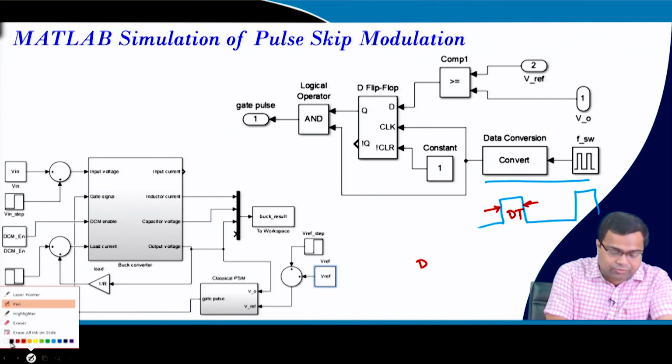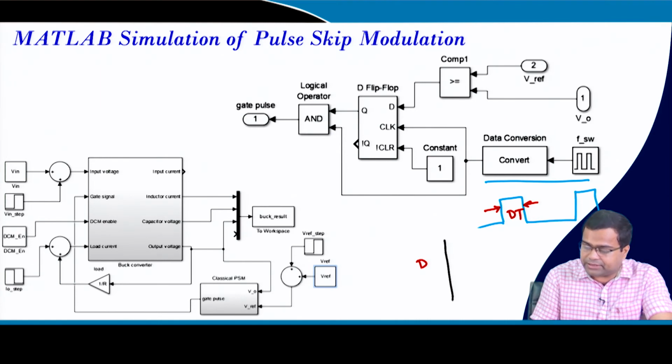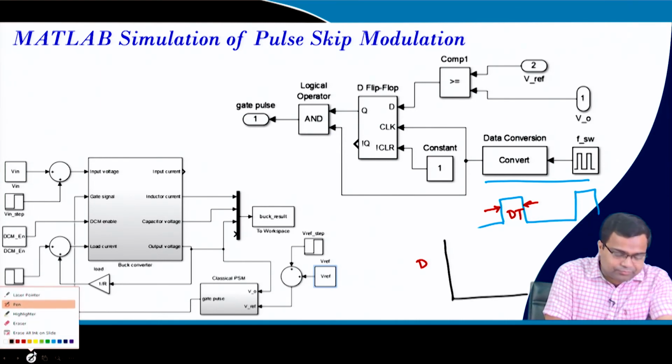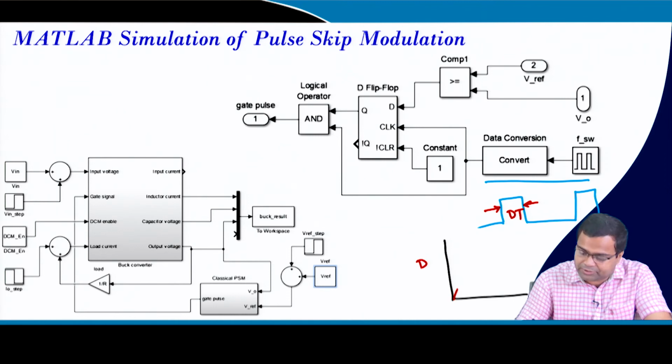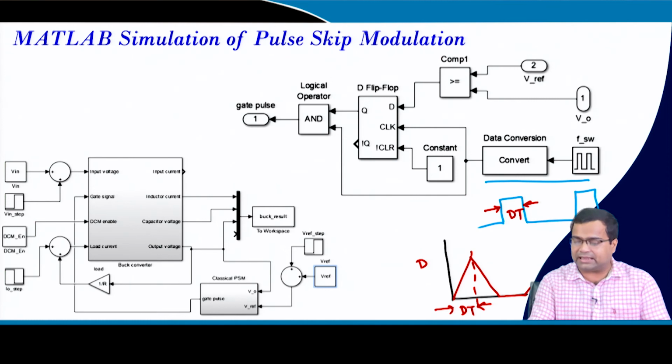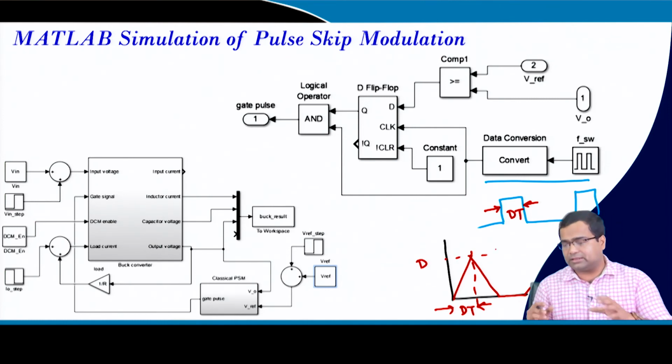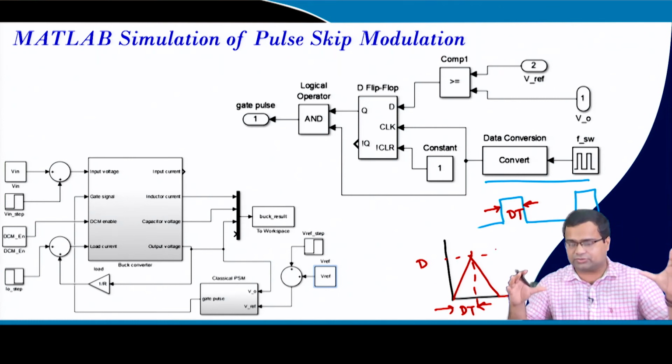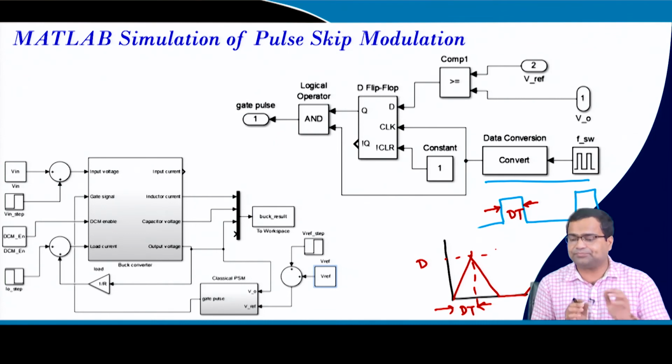If I draw the inductor current waveform, during this time it will rise and then fall like this. This is my dT time. If you take a larger dT, then the peak inductor current can be quite large, so you have to be careful about this choice.